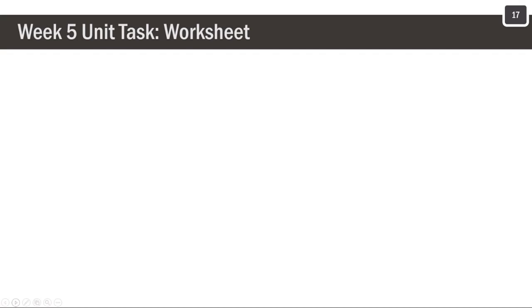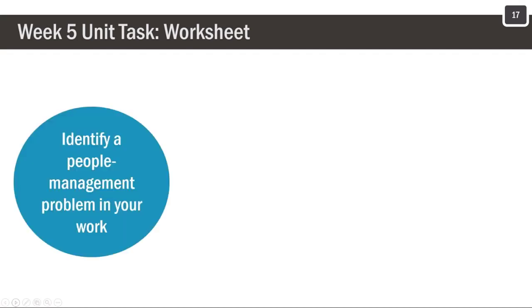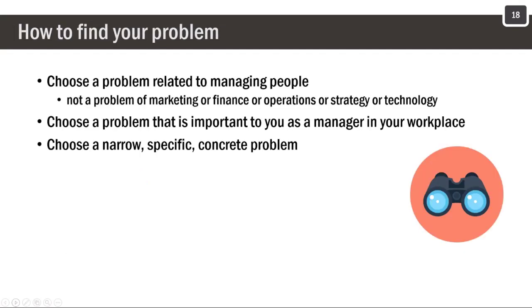So you'll need to identify a problem that is related to managing people, not strategy or marketing, or finance or operational processes. This is because in this module we are studying people management. You will be learning about marketing, operations, finance, strategy, and all the rest of them in other modules. This module is about managing people.